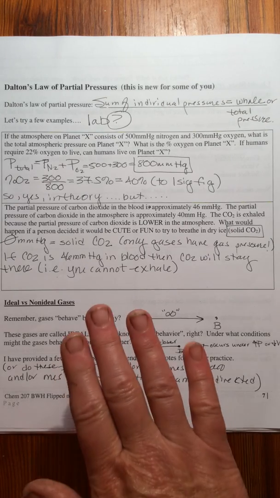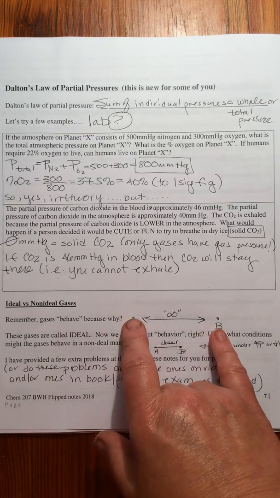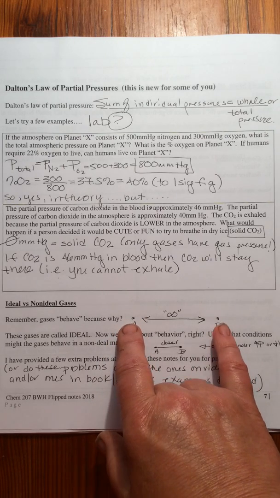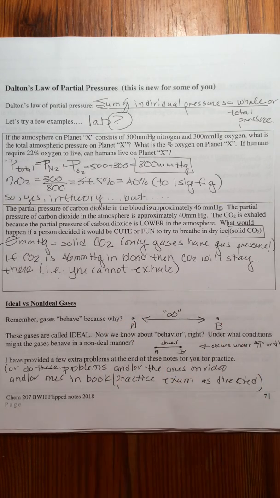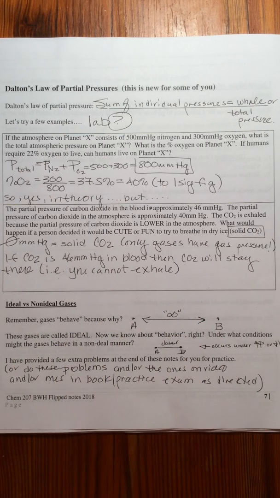All right. Everything up till this point is what we would call an ideal gas. Ideal gases are ideal because the distance between particle A and particle B is basically infinite, and particle A, particle B leave each other alone, and therefore we have all those gas laws.